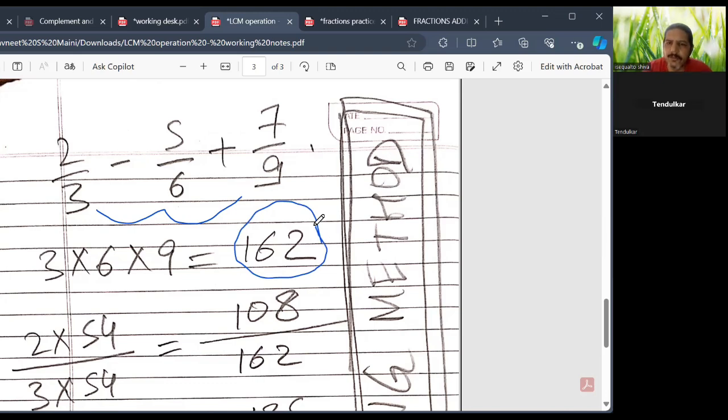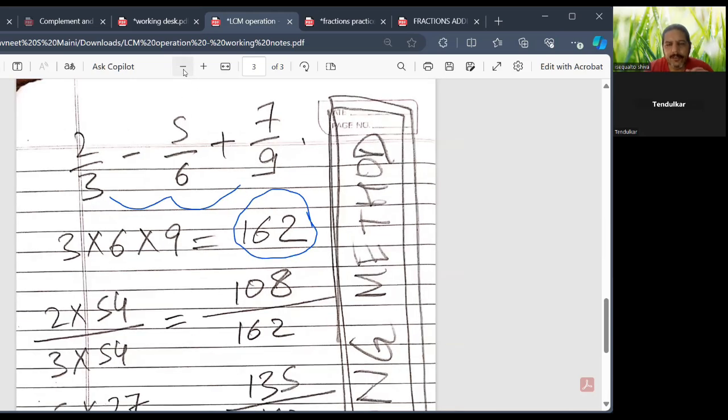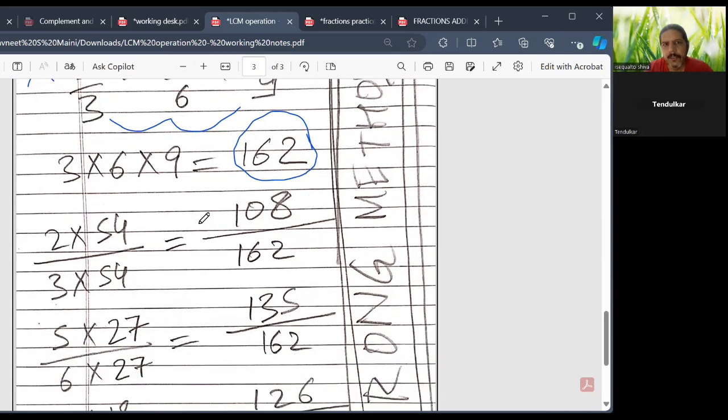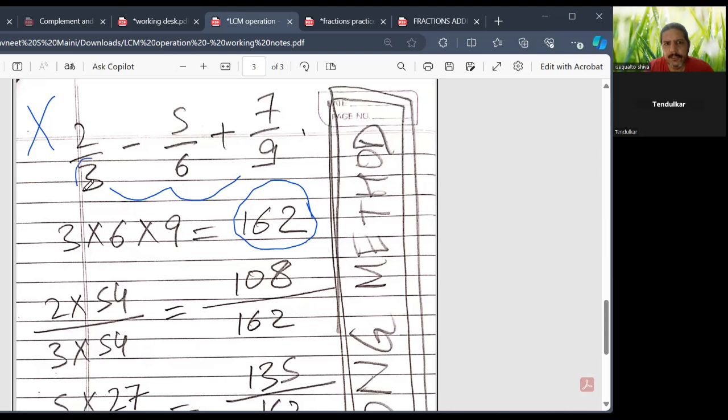Have you understood what the student is doing? This is the wrong method. You don't have to do this method ever. You'll understand why. So they try to reduce this 3, 6, 9 to 162 and see what happens.